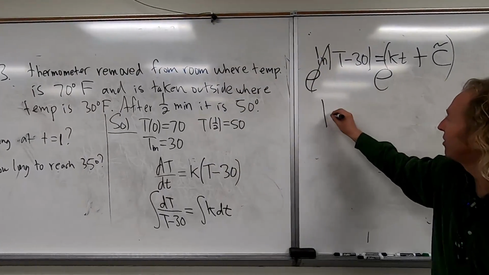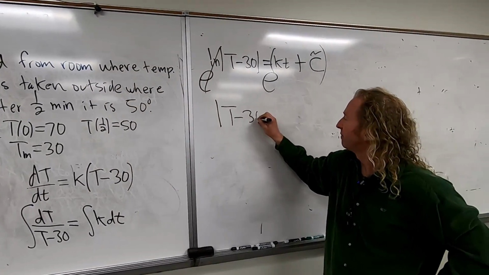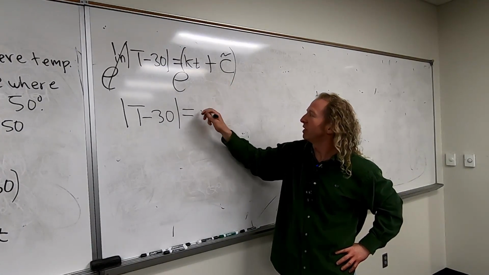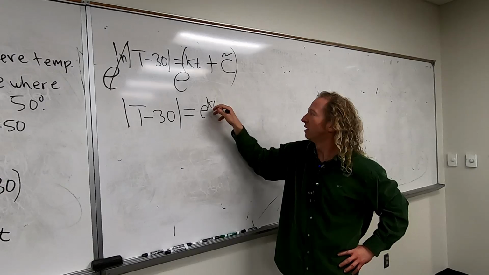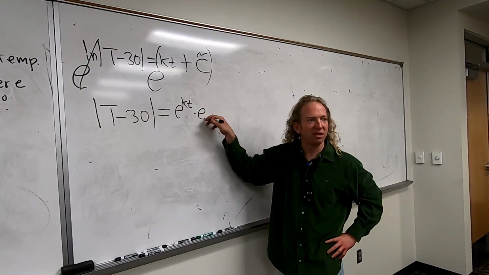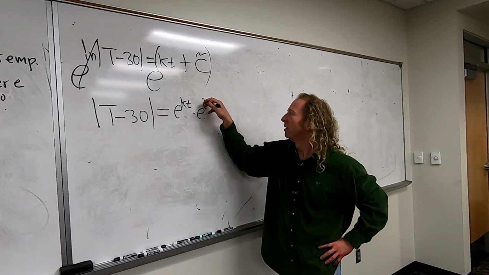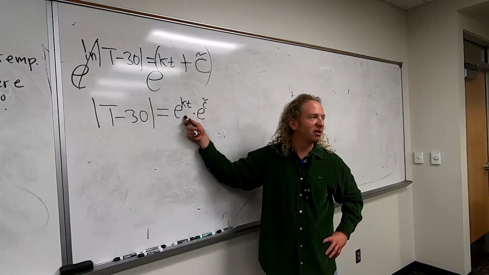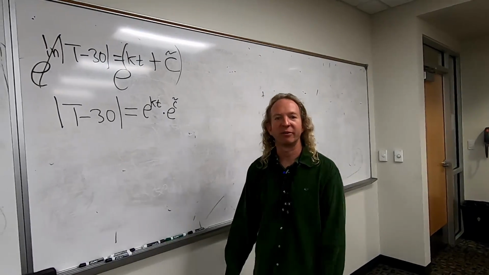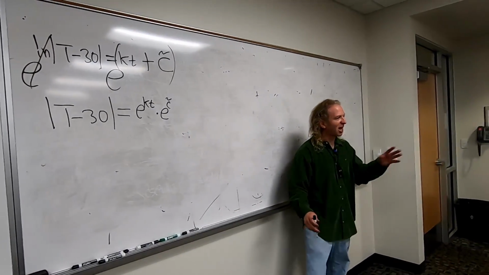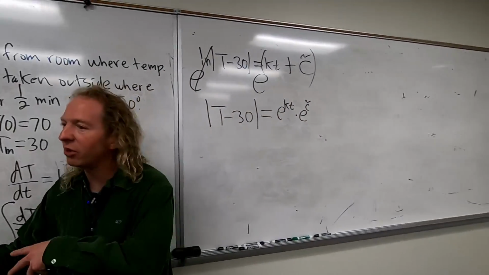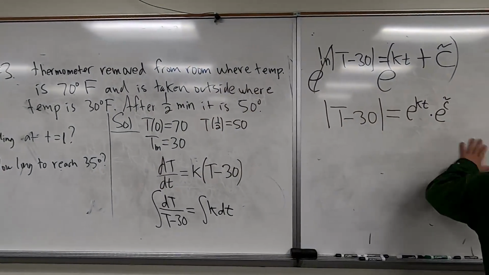So you get absolute value, T minus 30 equals e to the kt times e to the c tilde, right? Because when you multiply these, you add the exponents. Recap from last time, I think it was a good review. Even the linear, when we did the Bernoulli, it's like, oh yeah, it comes back.